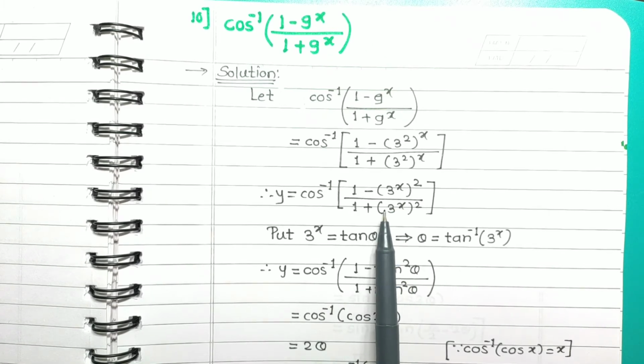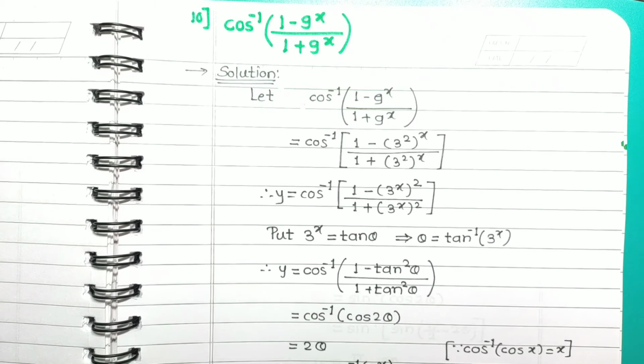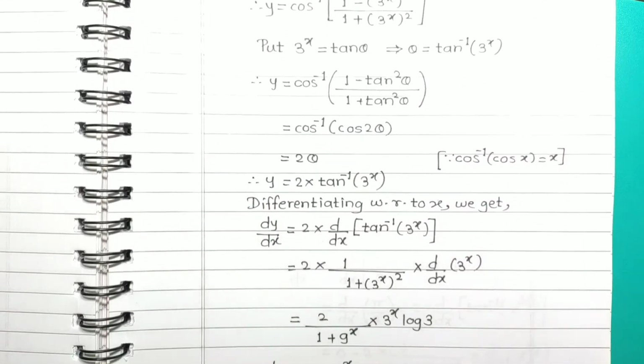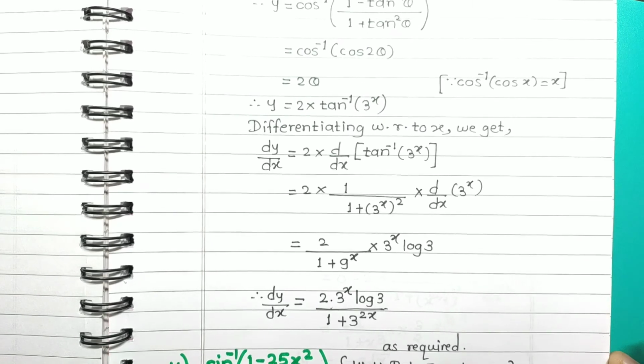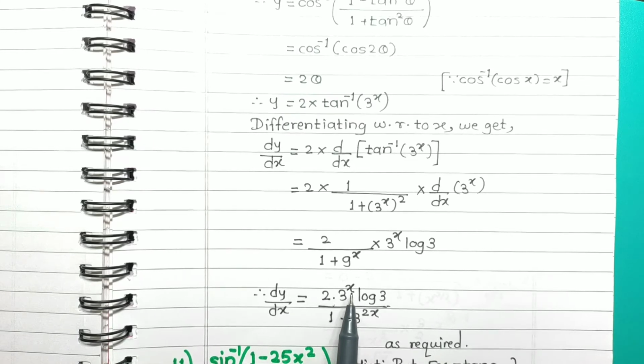So observing this relation, you put 3 raised to x is equal to tan theta here, and then try to solve. Okay, so you note down answer for this. So this will be required derivative, dy by dx is equal to 2 into 3 raised to x into log 3 upon 1 plus 3 raised to 2x.